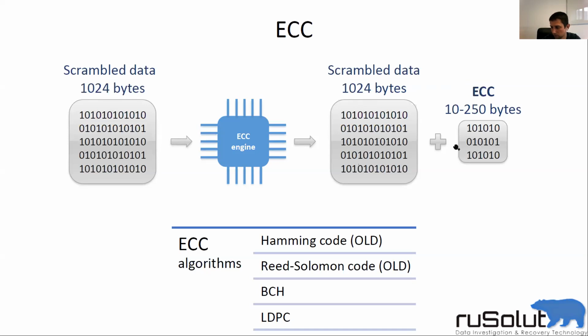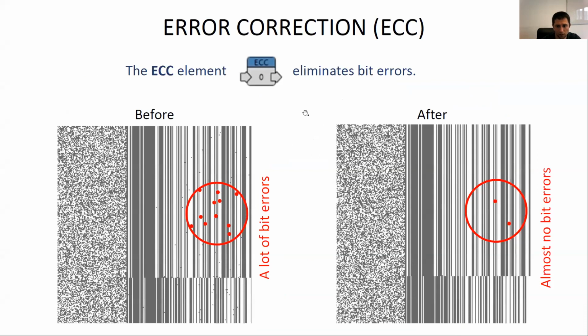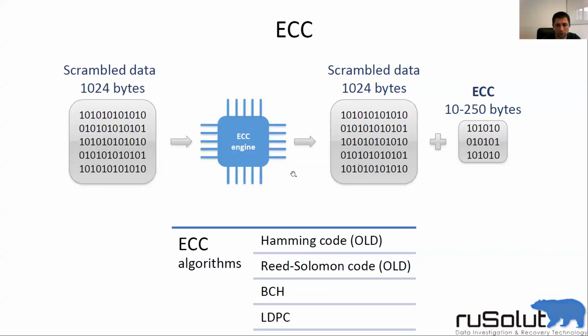So in this matter, VNR does pretty much the same things the controller did when the device was working. But you see that there are different algorithms and different code words for different controllers and memory chips.